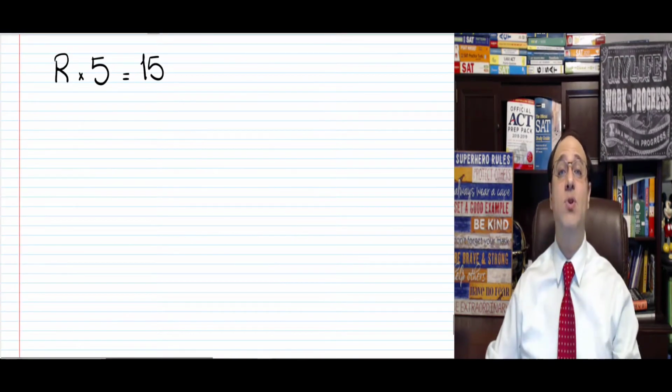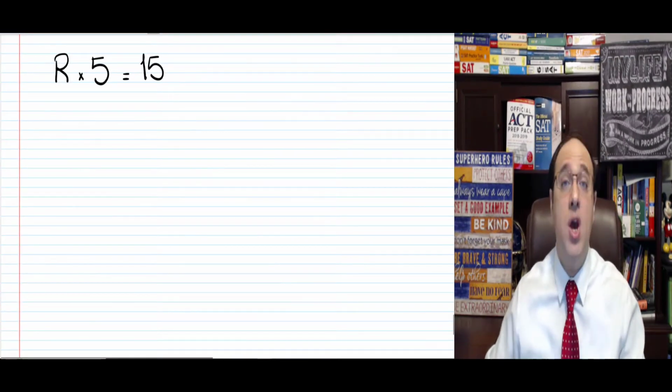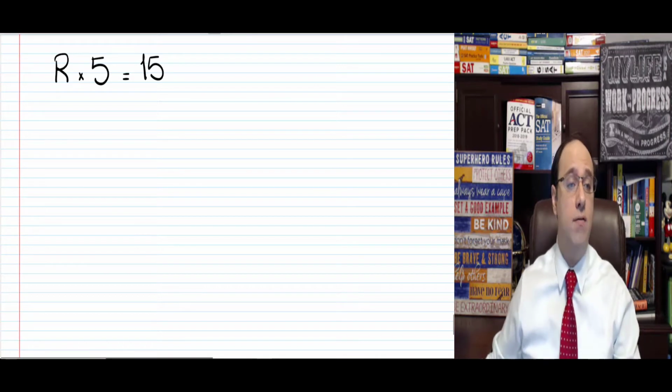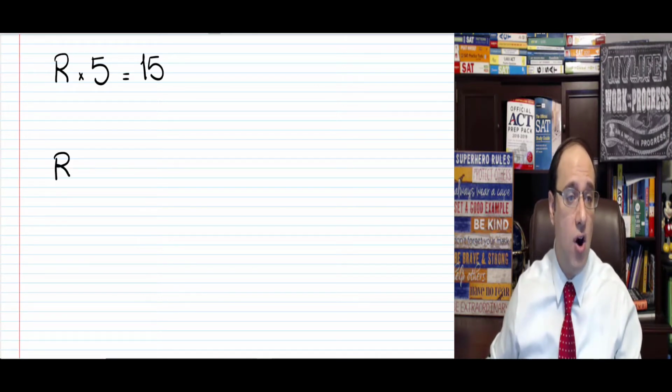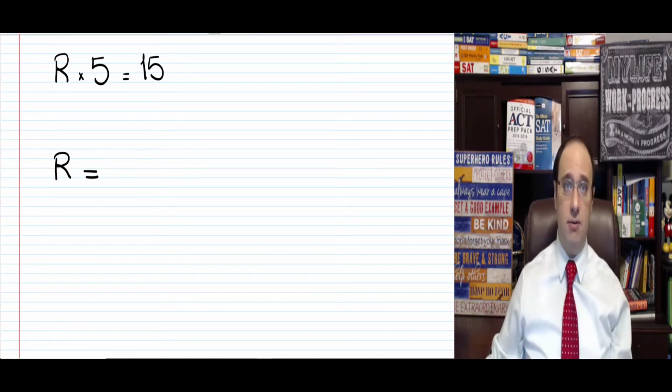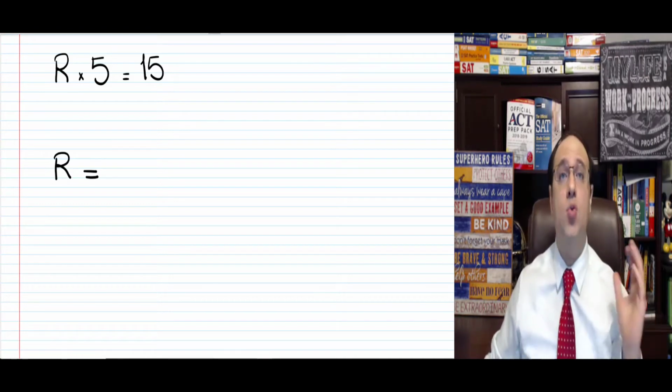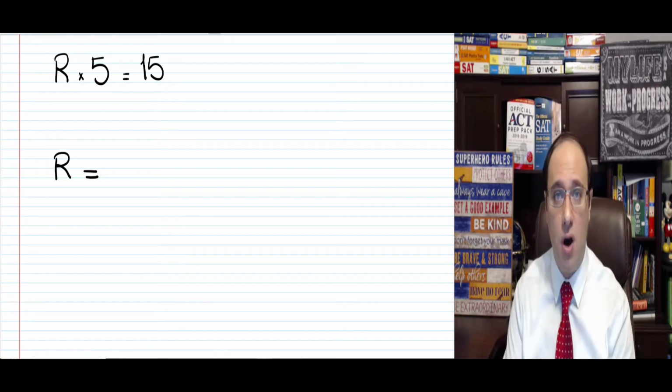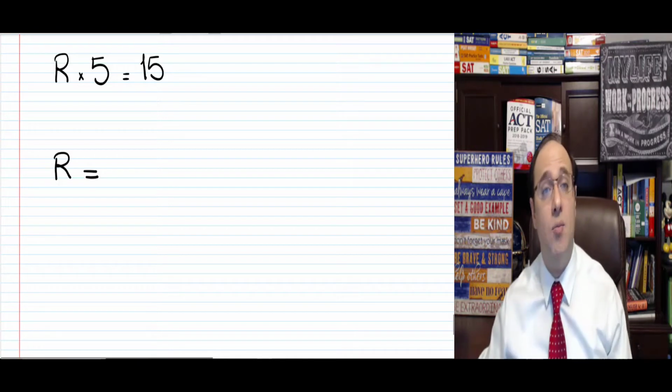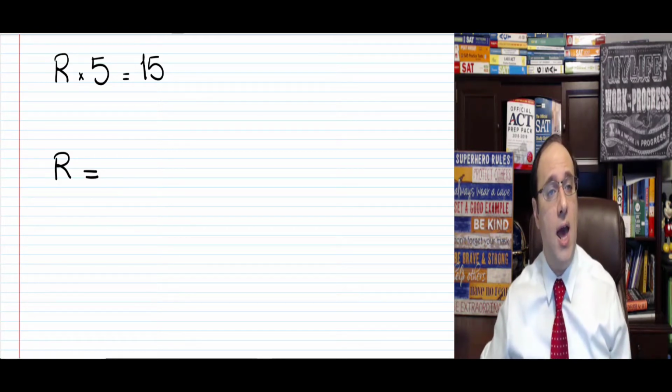Let's learn how to answer a question like this. We want to find the value of r. So I need to get r equals something by itself. In order to do that, we must get rid of anything next to the r like we learned before. Now, next to the r right here, I have times 5.